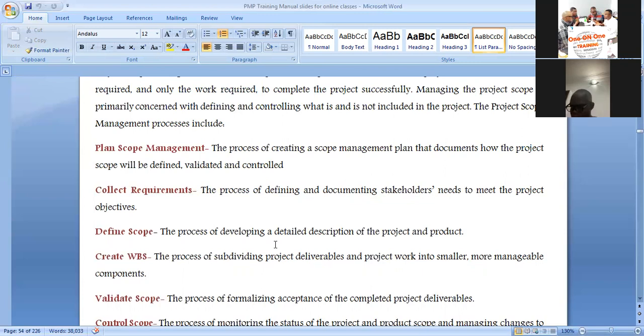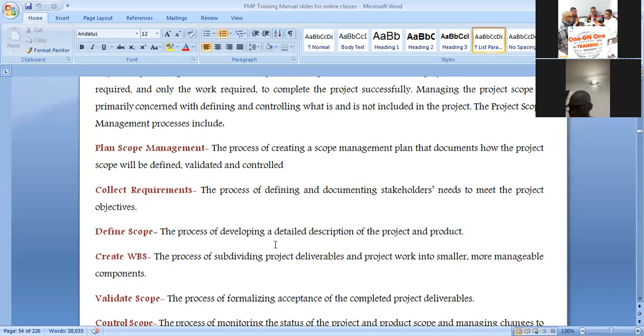The first one is the plan scope management. The second one is the collect requirements. The third one is define scope. And the fourth one is validate scope. The fifth one, the last one now is control.